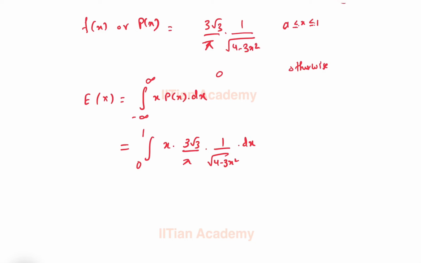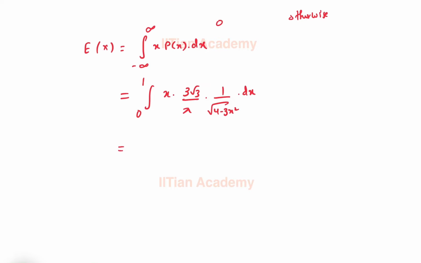So now integrating this function, we can further solve this. This is an integration, taking this constant out. This is from 0 to 1 x divided by root under 4 minus 3x square into dx.